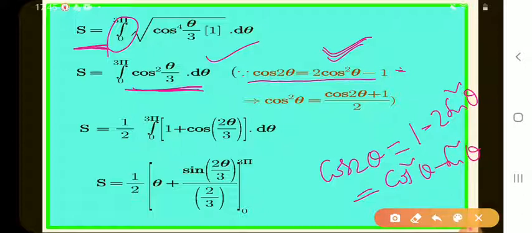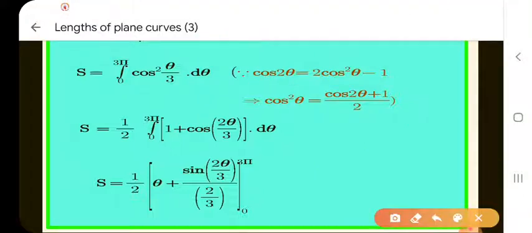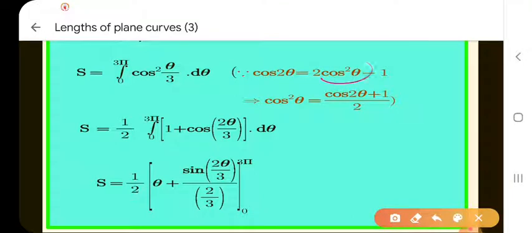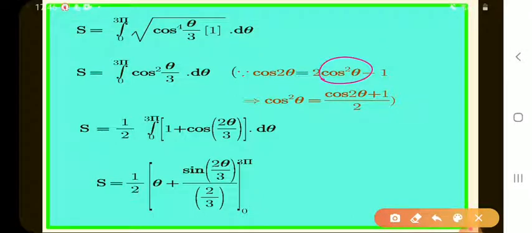These are the three formulas of cos 2θ. But here I take the cos 2θ formula in terms of cos, that is 2 cos square θ minus 1. That implies cos square θ, we take minus 1 to the LHS, so (cos 2θ plus 1)/2. This is the value of cos square θ.